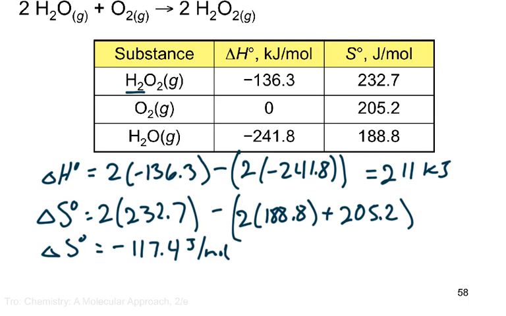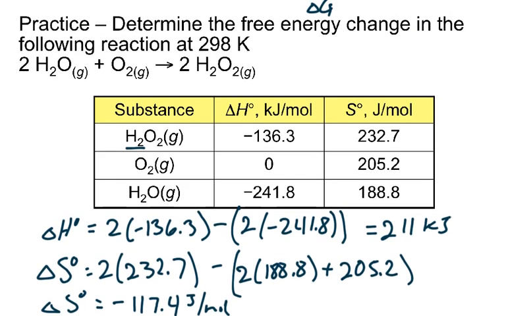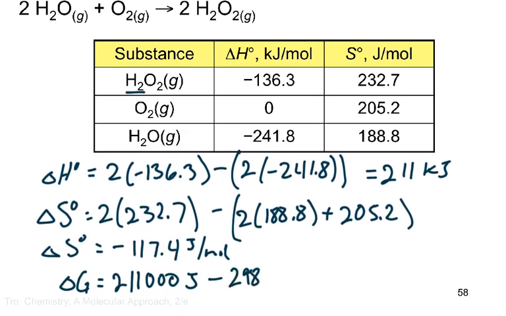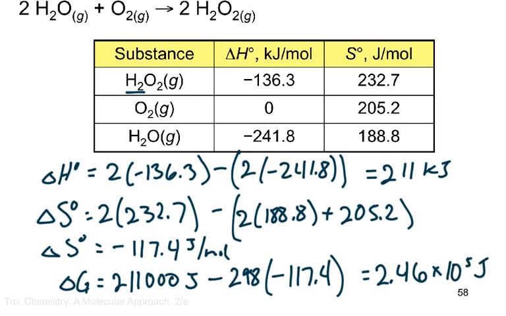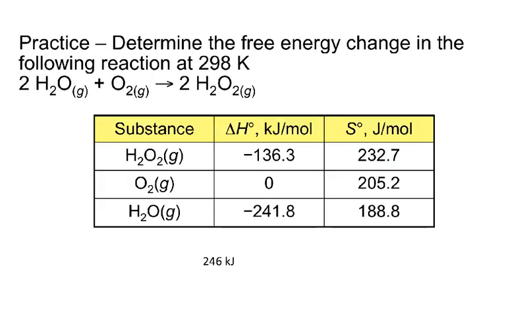So my delta G is going to be, I'm going to change over to joules this time, 211,000 joules minus my temperature, 298, times negative 117.4, which works out to 2.46 times 10 to the 5th joules, or 246 kilojoules.